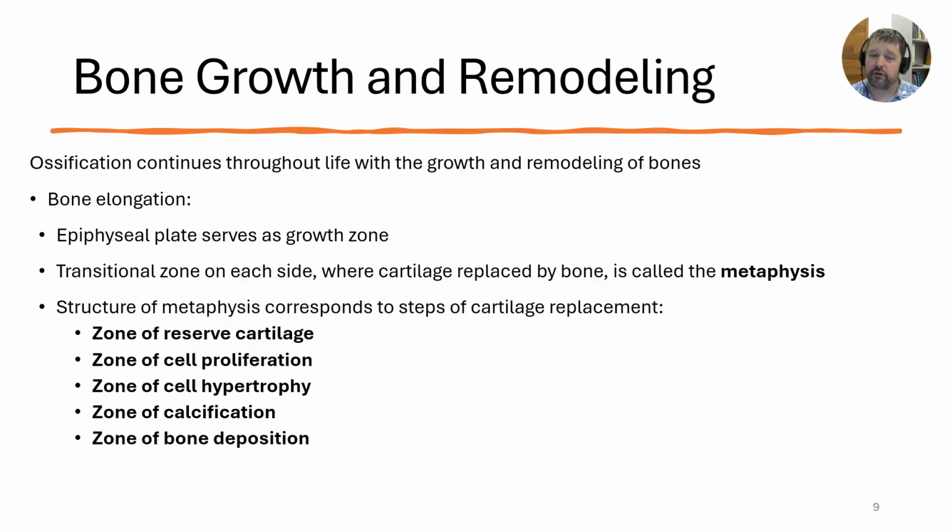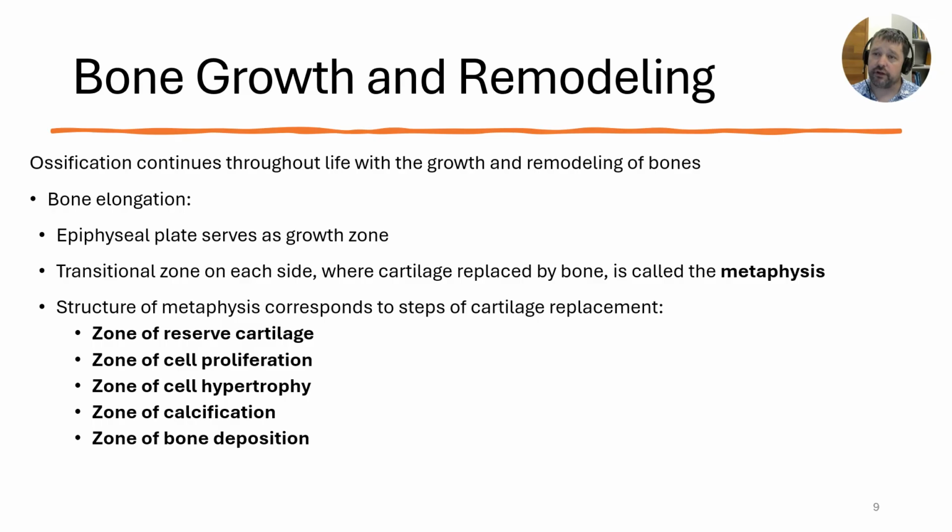Hypertrophy, that's where they're going to start producing lots of fibers, the hyaline fibers, and start laying down cartilage. And then calcification is when those fibers are going to start having hydroxyapatite seeds form on the cartilage, and calcium is going to be attracted to that region, and you're going to get the calcified structure.